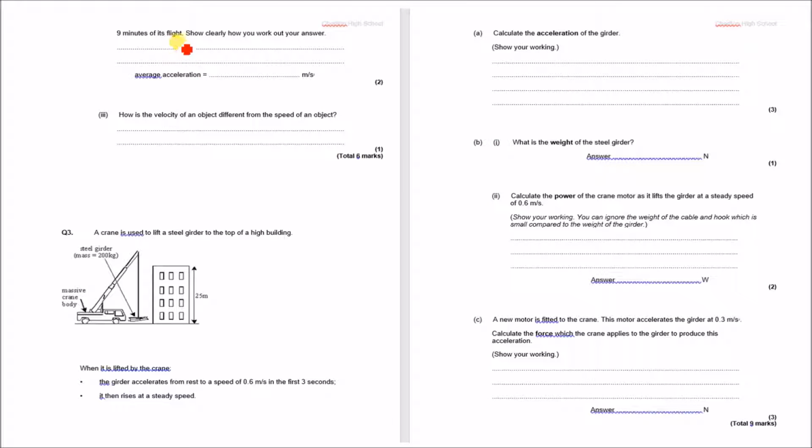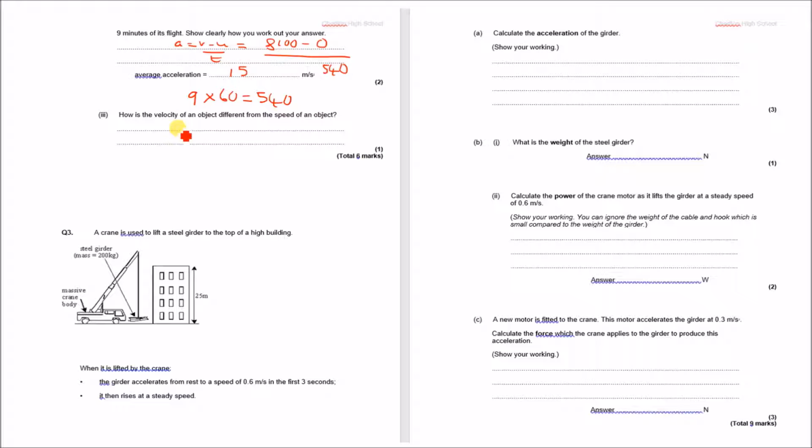So if a is equal to v minus u over t, then it's reached 8,100 minus 0 that it started at, and it's taken 9 minutes. Now 9 minutes is 9 times 60 seconds, and 9 times 60 is equal to 540. If we divide 8,100 by 540, that gives an average acceleration of 15 meters per second squared.